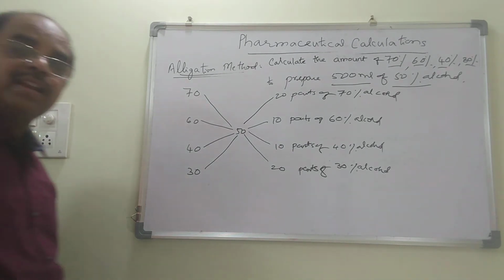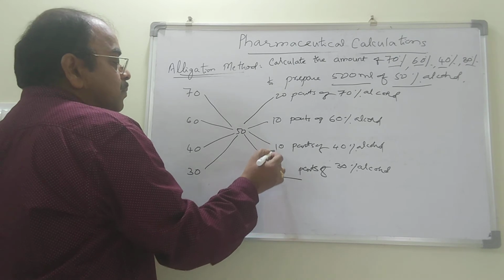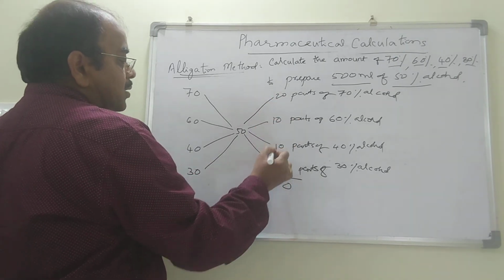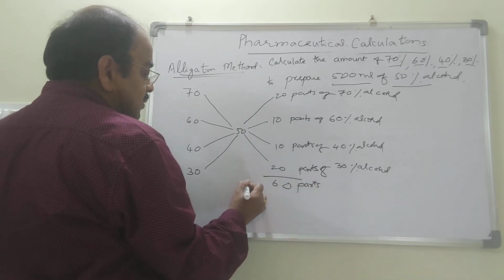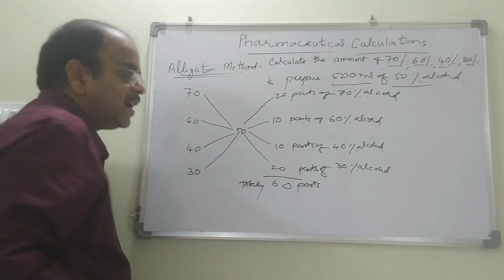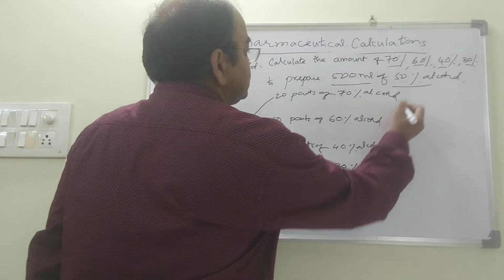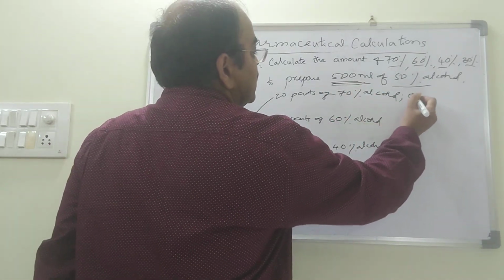How many parts totally? 20 plus 10 plus 10 plus 20, 60 parts. How many ml do you have to prepare? You have to prepare 500 ml.